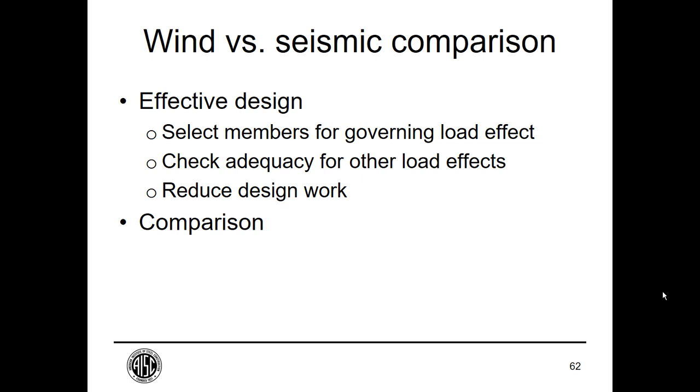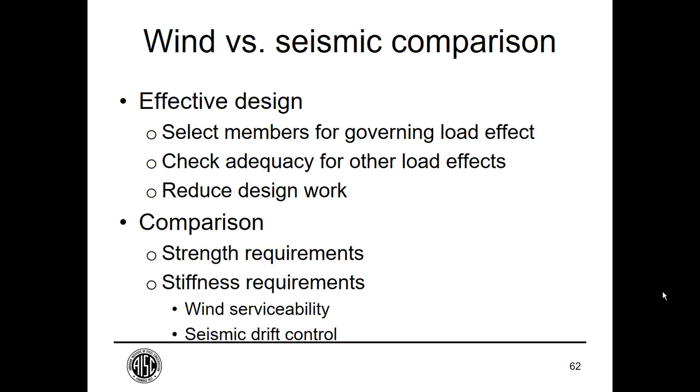In order to do this wind versus seismic comparison, we have to do a fairly thoughtful comparison. We'll compare the strength requirements. We'll compare the stiffness requirements. And the stiffness requirements are a little funny because for wind, we're considering perhaps a serviceability load, and for seismic, we're considering a safety load, a collapse prevention type of approach where we are looking at the full seismic load and the expected seismic drift.